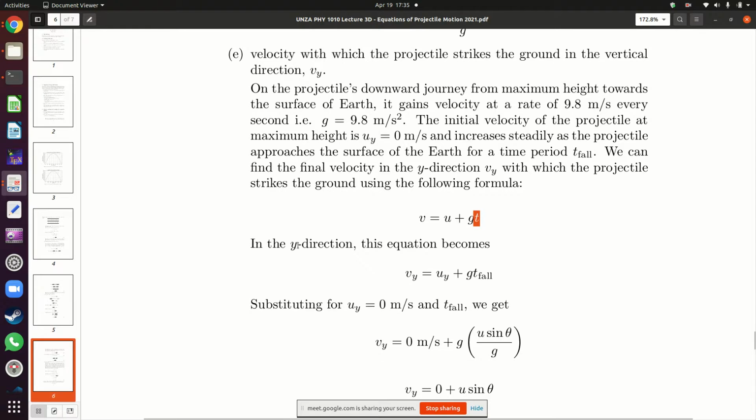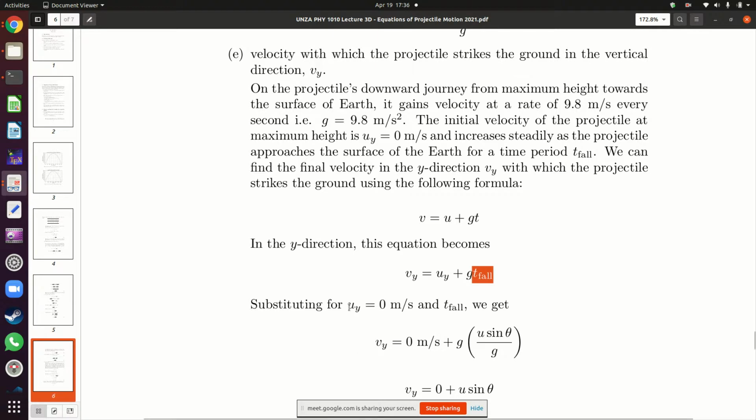So when we consider only the y direction, we end up having Vy, the velocity of the projectile in the y direction as it strikes the ground, equal to Uy, the initial velocity of the projectile at maximum height, plus g, the acceleration due to gravity, multiplied by the fall time, which is the time it takes your projectile to fall.